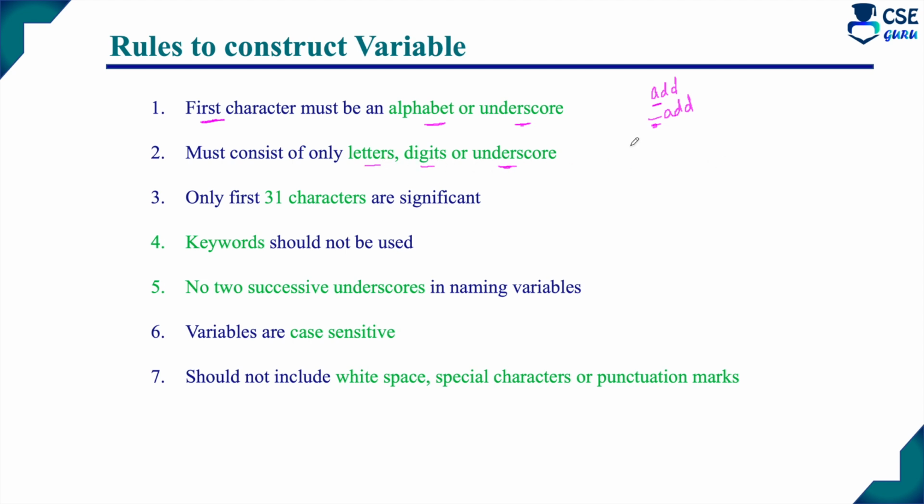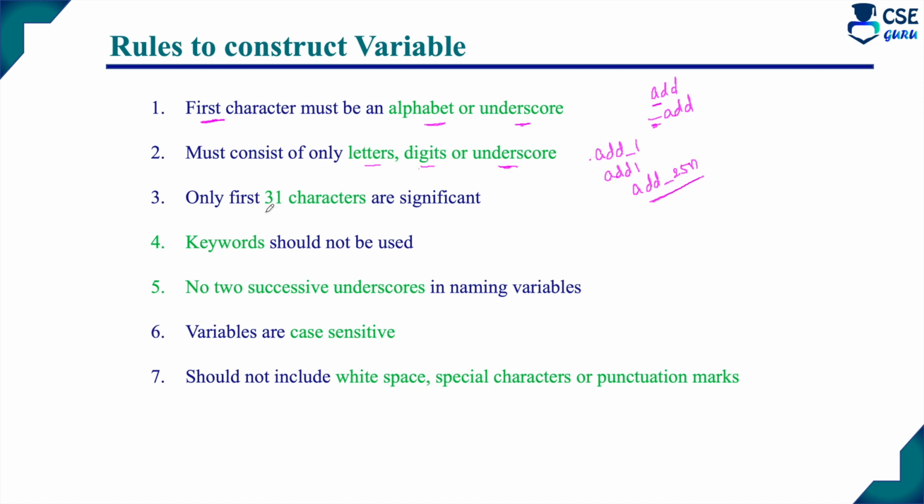For example, add underscore 1, add 1, add underscore 25, 25n. Likewise, we can combine letters, digits or underscore. This is valid to name a variable.